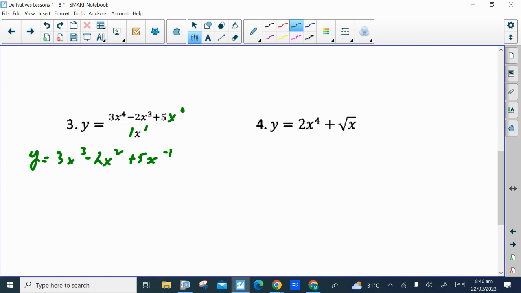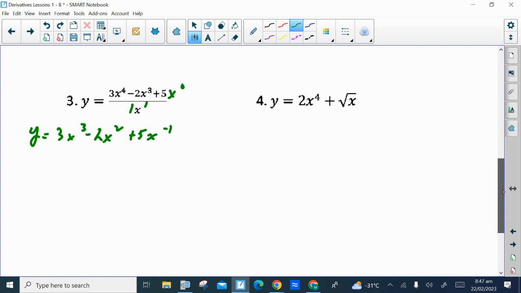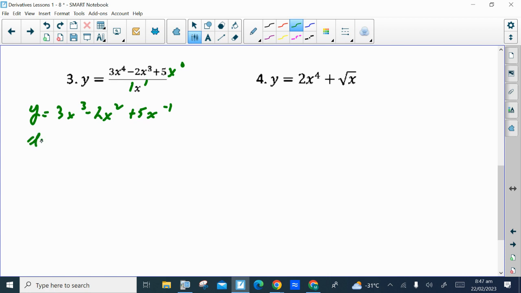So this one is not classified as a real polynomial function because polynomial functions must have exponents that are whole numbers, okay? And that last term has an exponent as an integer. But it doesn't matter. You can still take the derivative using exactly the same processes that we've been doing.